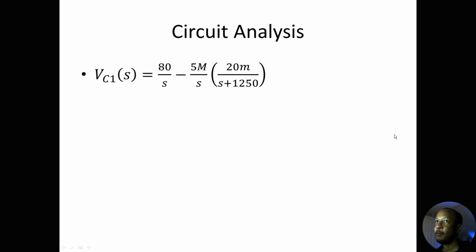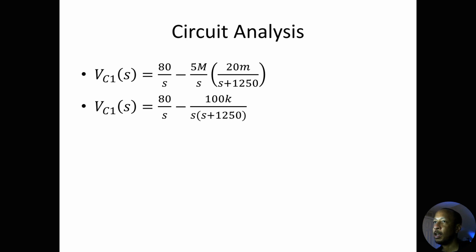Okay, so next we have VC1 of S equals 80 over S minus 5 meg over S times 20 milli over (S plus 1250). Then we have VC1 of S equals 80 over S minus 100K divided by S times (S plus 1250).